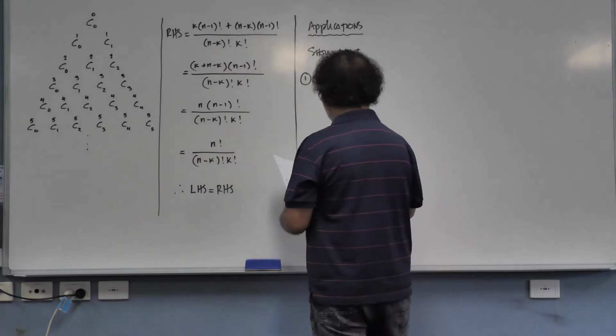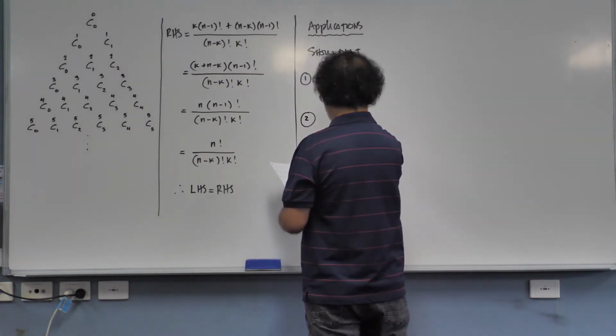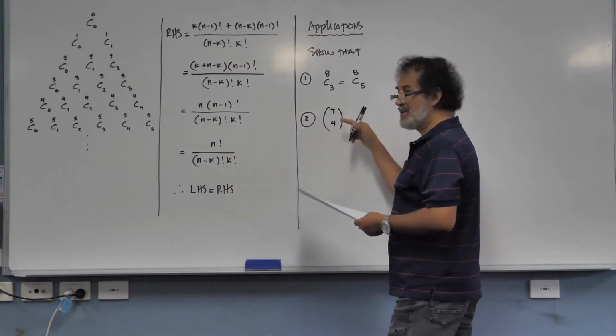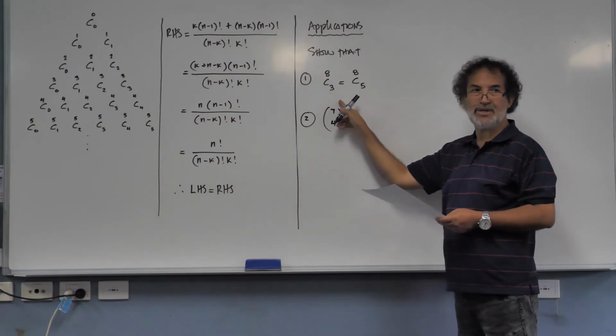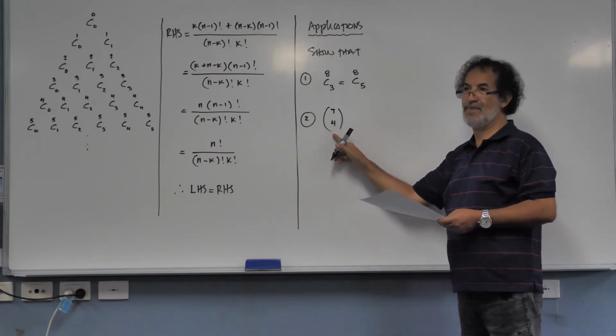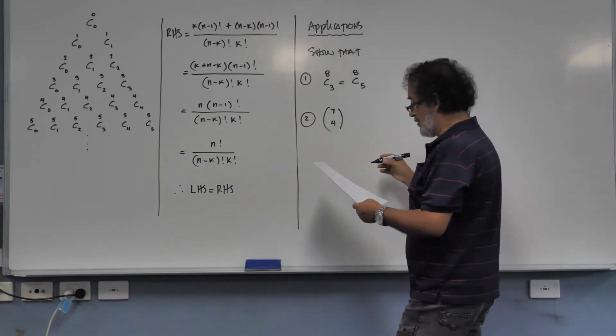And then number 2, you're going to prove that 7C4 equals 6C3 plus 6C4. Remember that in here we say 8C3, and in here we say 7C4. So you have 7 and you take 4 at a time.